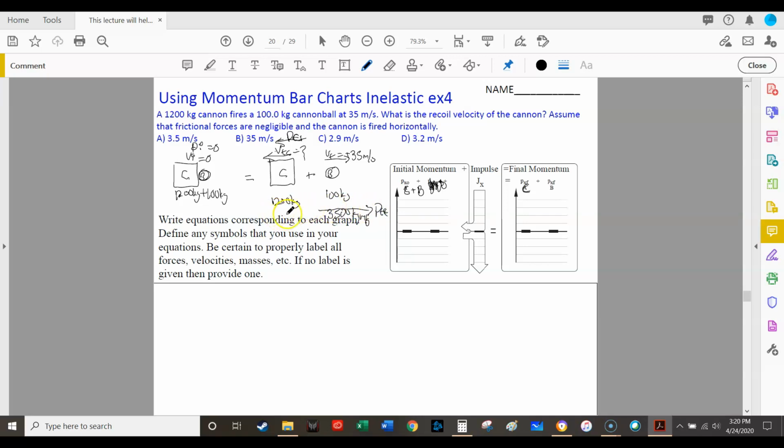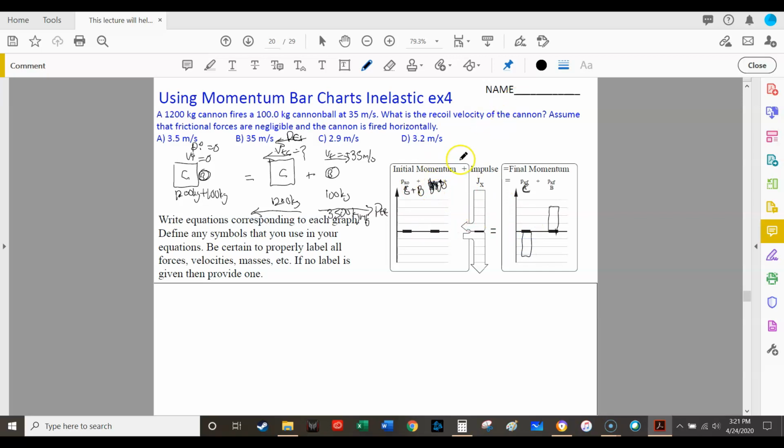Okay? That means this has to also work out to be 3,500, right? Because this is 0. What might help is if we label this, right? So if this 3 blocks is 3,500, this has got to be 3 blocks final.